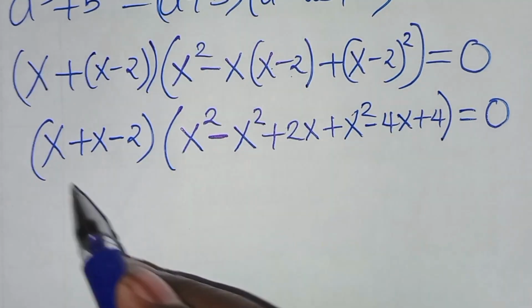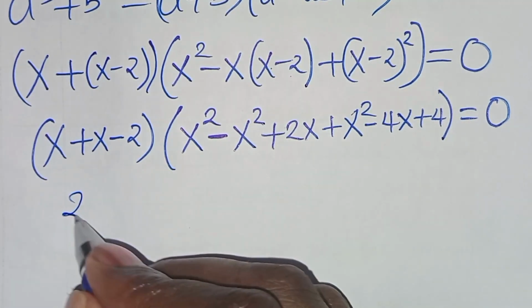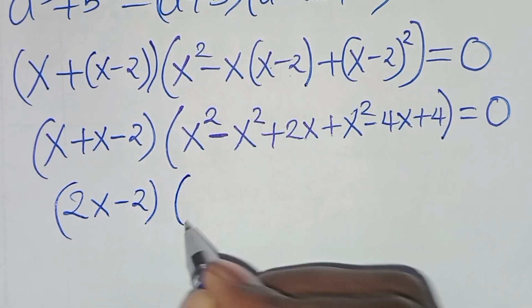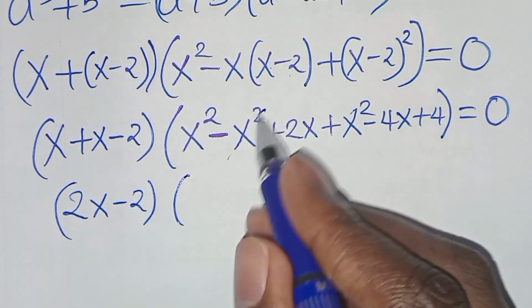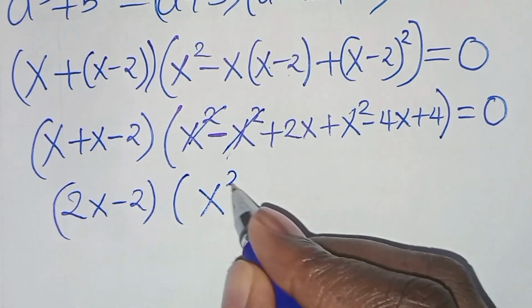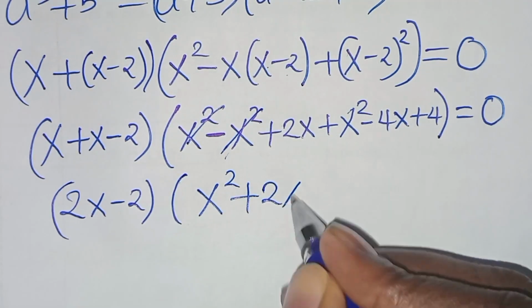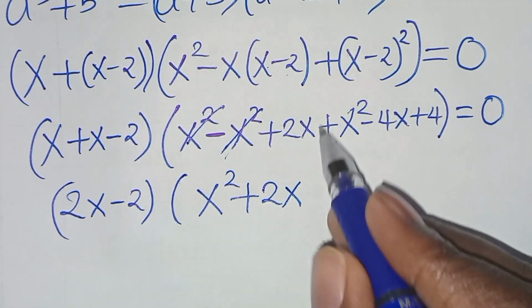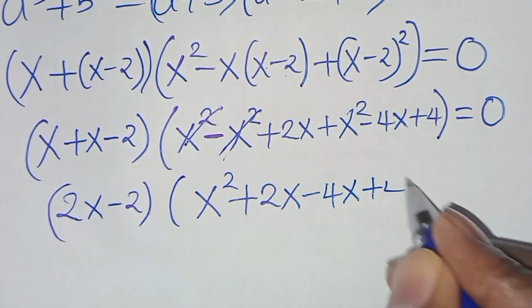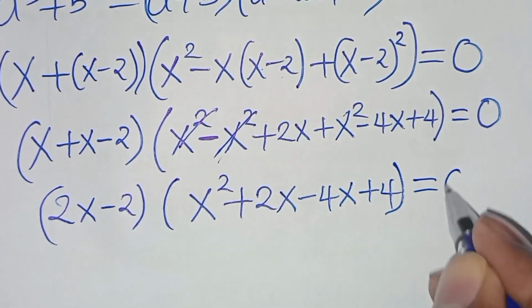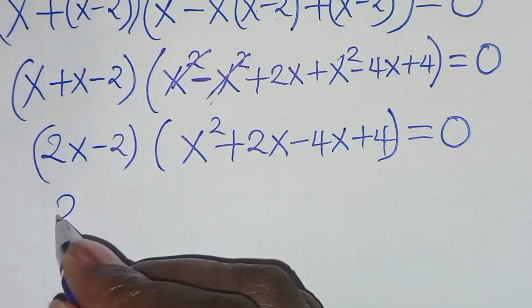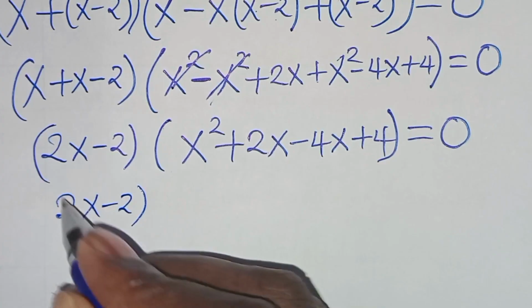The next step is that x plus x is 2x minus 2.